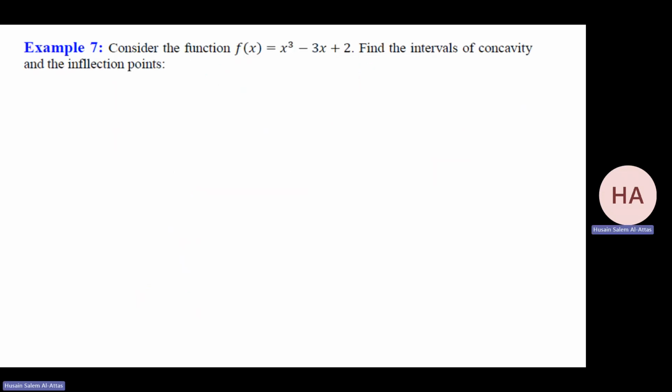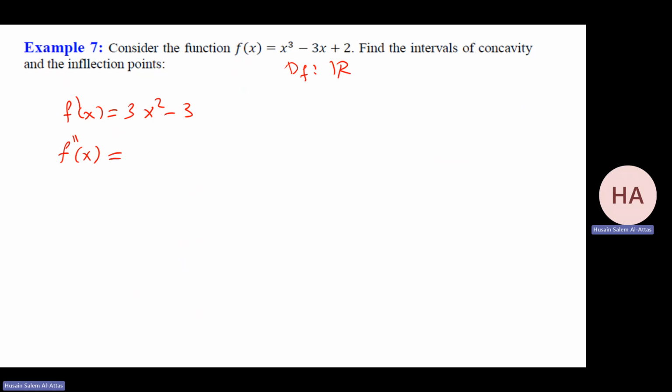Okay. Consider this function, in terms of concavity and inflection points. Okay, easy one. What you will do, the same thing: find the domain of f, all real numbers. Find f prime. That will be 3x squared minus 3. Find f double prime.